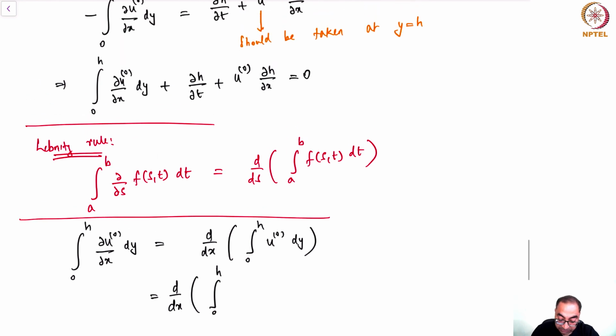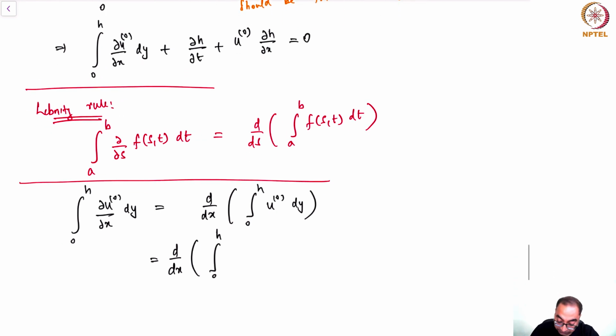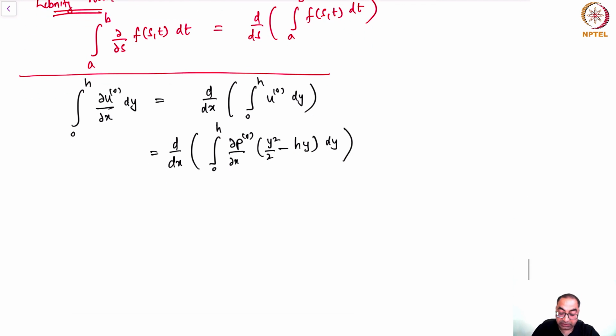We already know the expression for u0. What's the expression for u0? It is ∂p0/∂x times (y squared over 2 minus hy). That's the expression for u0.